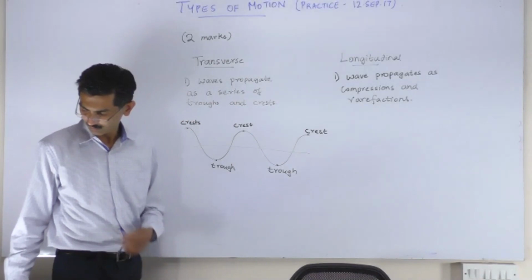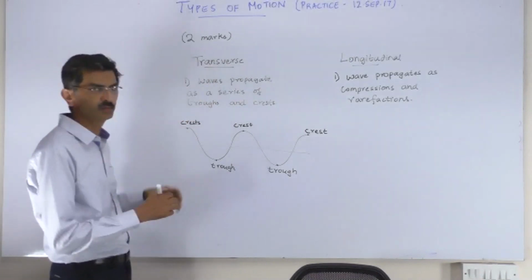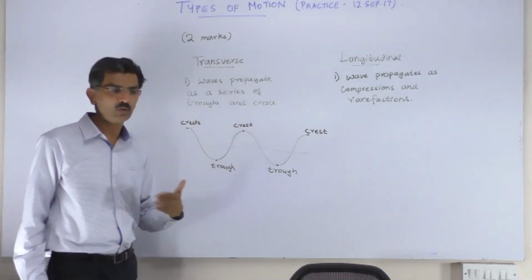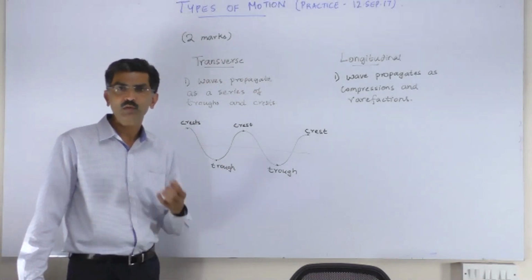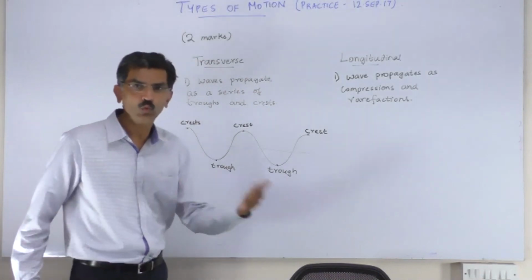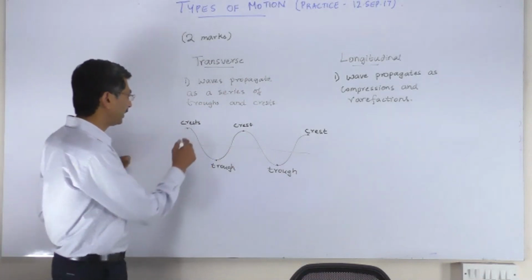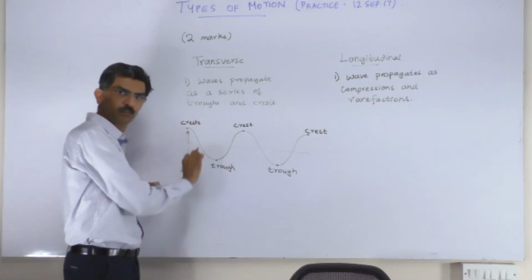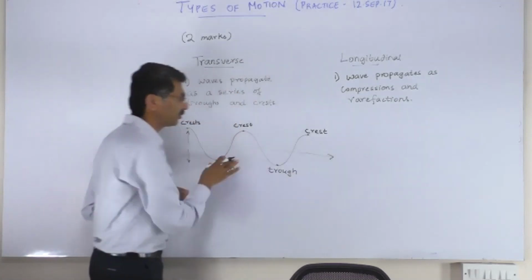The second difference is that in the case of transverse waves, the wave may be moving through water or through air. So there is a medium, and the wave is moving through the medium. The particles of the medium are vibrating up and down, but the wave itself is moving in this direction.